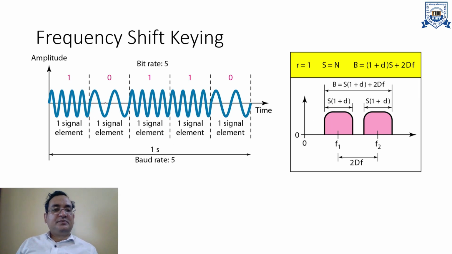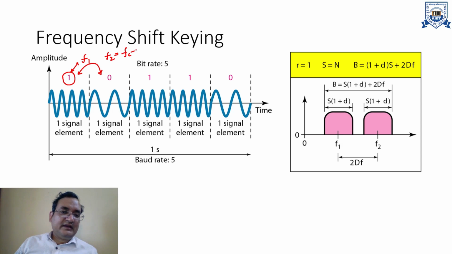In this pictorial presentation of frequency shift keying, you can clearly see that F1 is the frequency with which I am transmitting our bit stream 1 bit. The difference between the 1 and 0 representation of frequency: let us suppose this is F2, then F2 is FC minus delta F, as I have already shown in the previous slide, and this will be F1, which is equal to FC plus delta F. You can clearly see that the number of oscillations in this section is higher in comparison to the oscillations in this section.